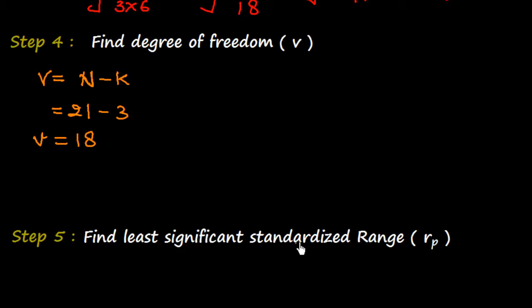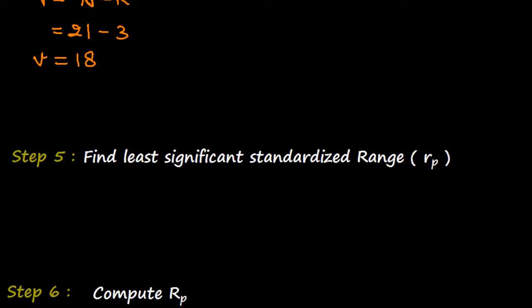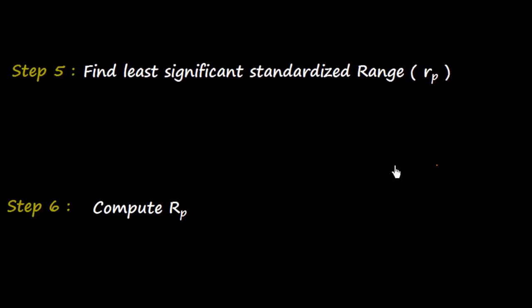least significant standardized range, RP, which we get through the table. According to the table, we get this. So through the table we could easily find out for the number of groups.